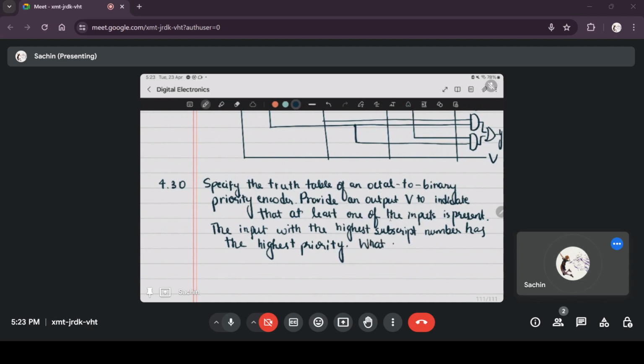What will be the value of the four outputs if inputs D2 and D6 are 1 at the same time?